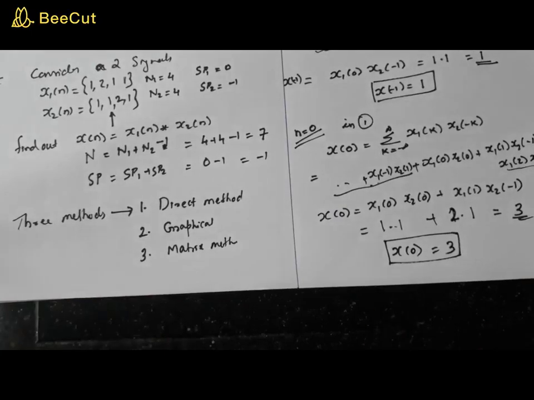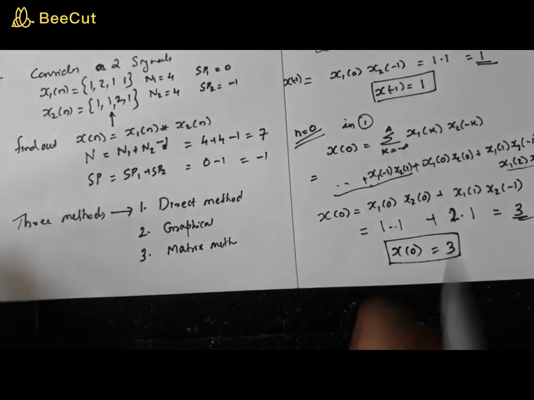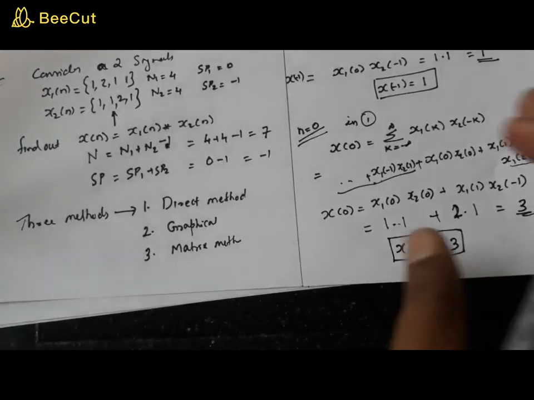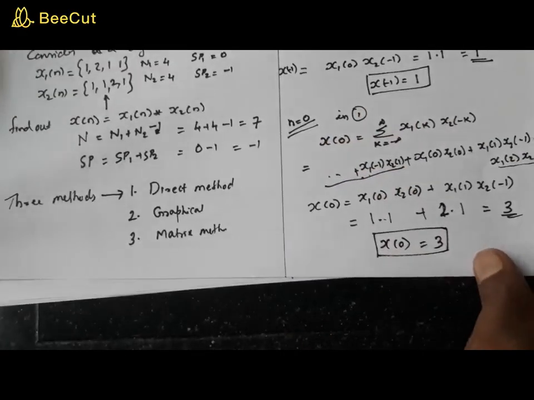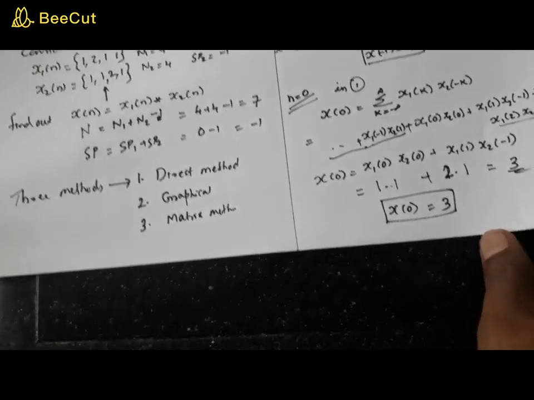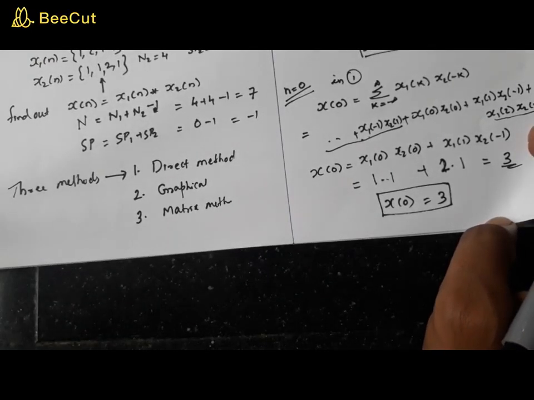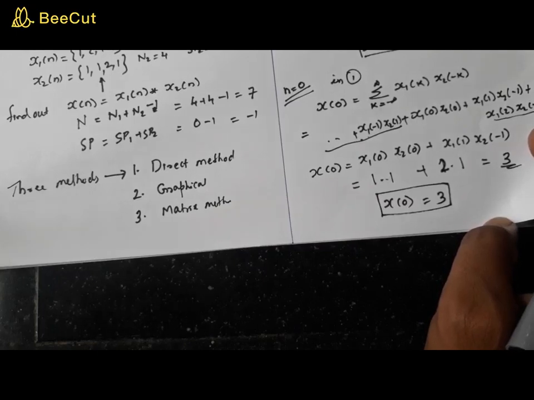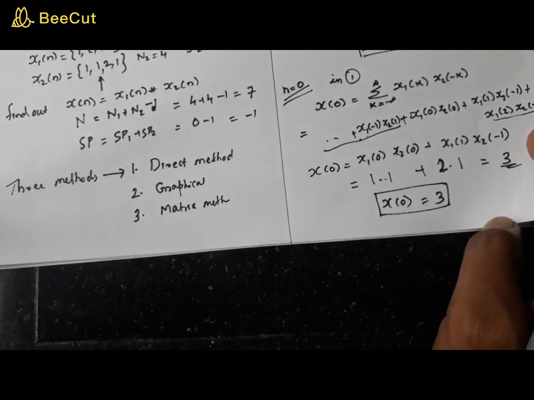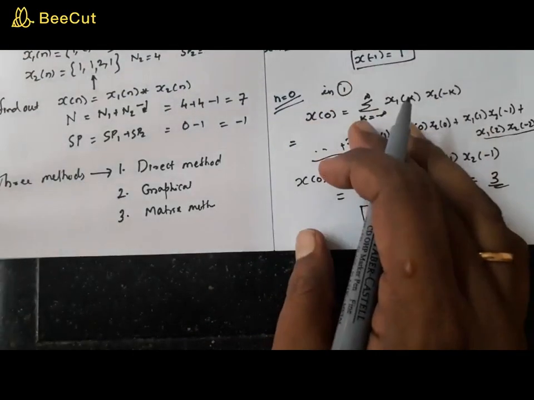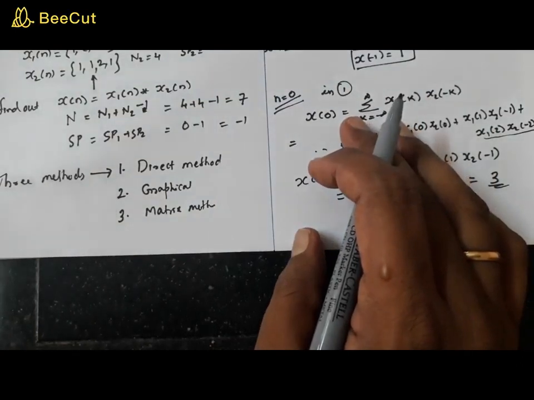Now in this way you may find out x of 1, x of 2, x of 3, x of 4 and x of 5, and you may also do x of 6 and x of 7, and while you do that you will be able to get the following answer.